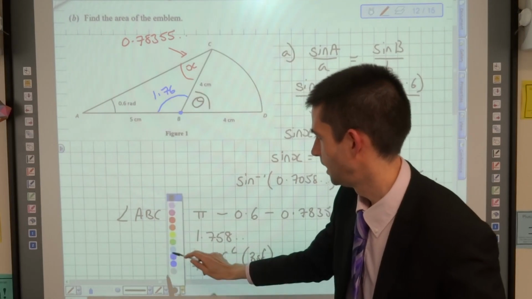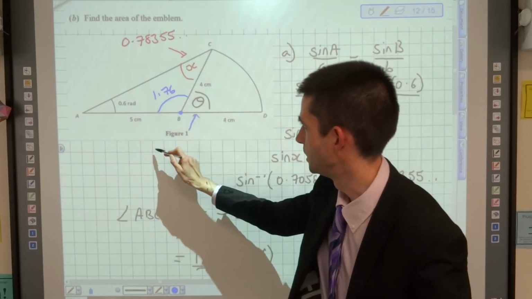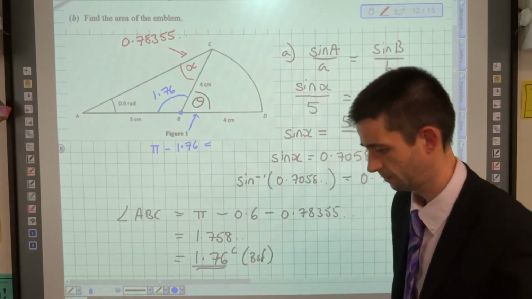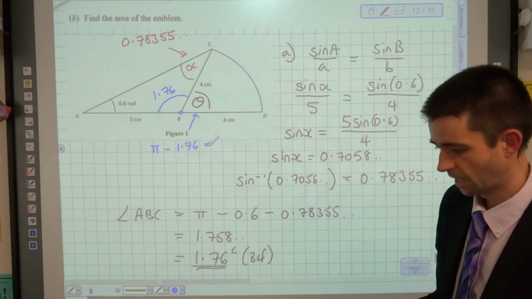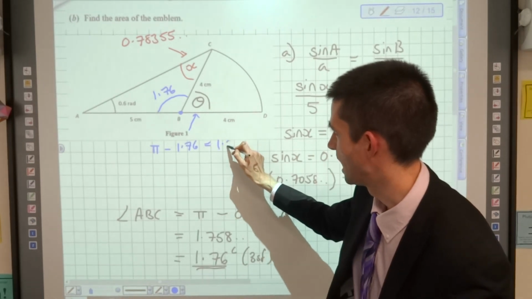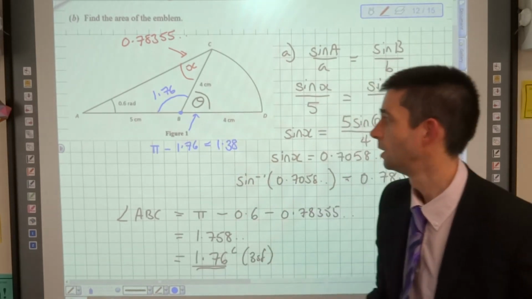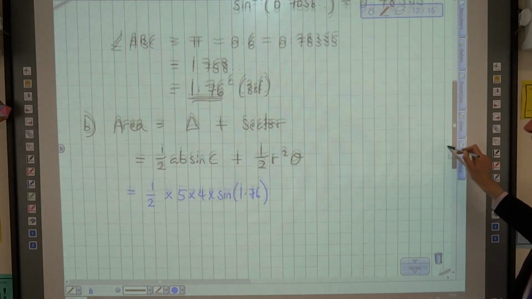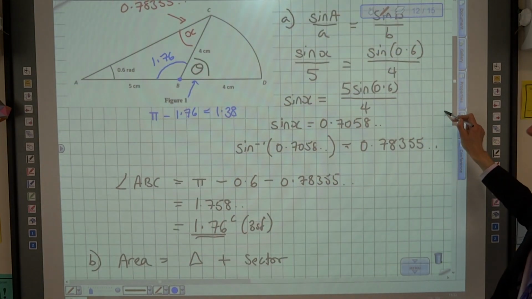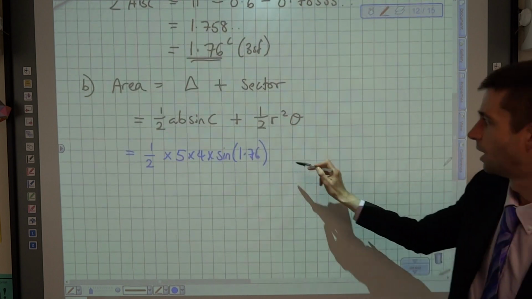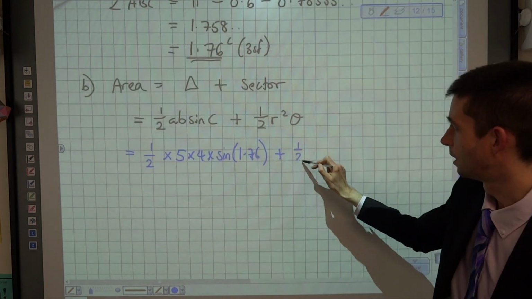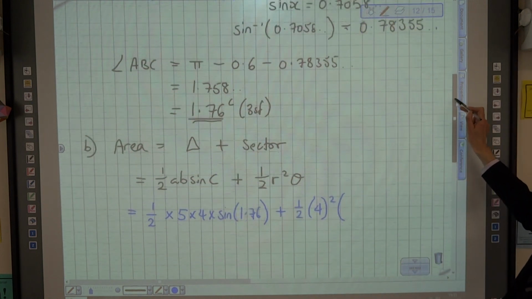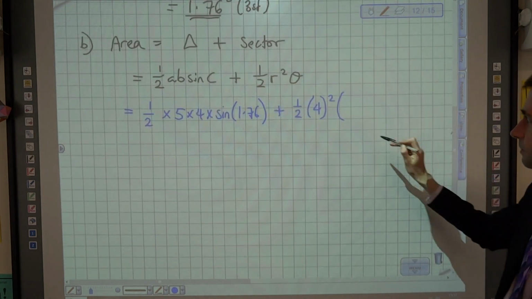So this angle here is going to be equal to pi minus 1.76, which is 1.38 to 3 significant figures. So I'm going to use that value in my subsequent calculation. So the radius of the sector is 4, so it's going to be plus half 4 squared multiplied by my angle 1.38.